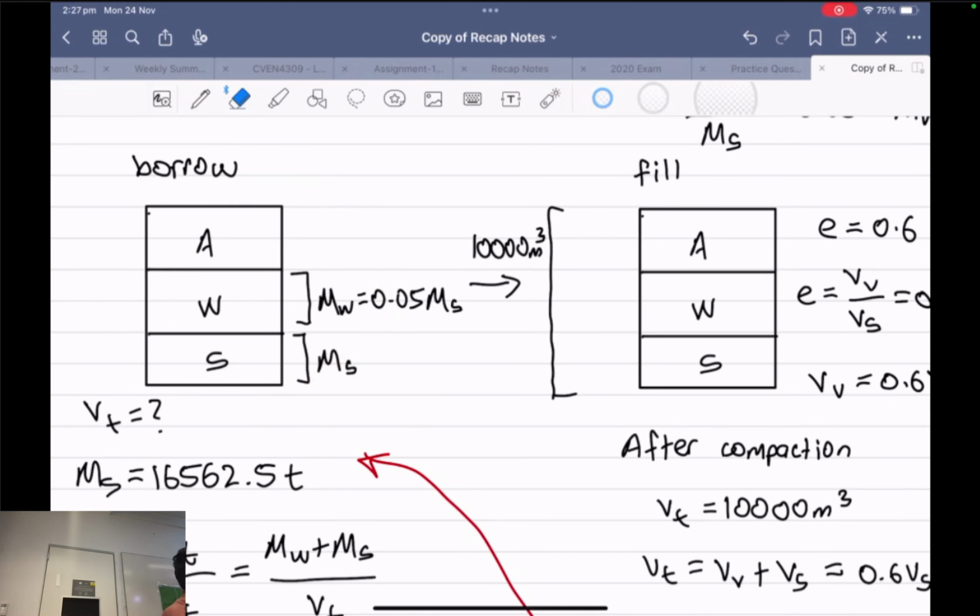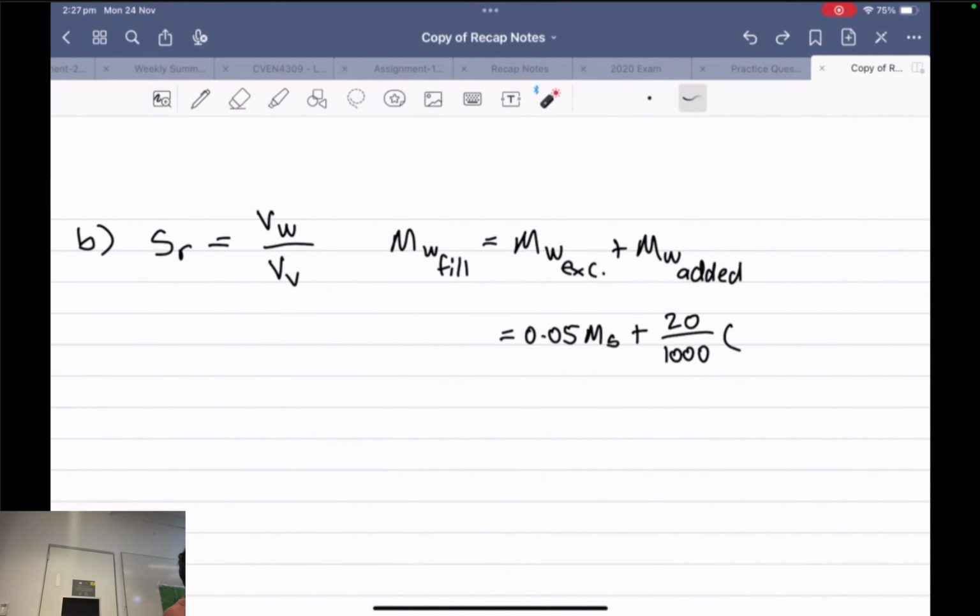When you weigh it, you get a certain weight, and that's your total mass, 1.05 ms. And then you think, okay, that's this many tons. I want to add 20 kilograms for every ton of that. So your total mass that you're dealing with here is 1.05 ms. So that's the amount of water added. Does that make sense?